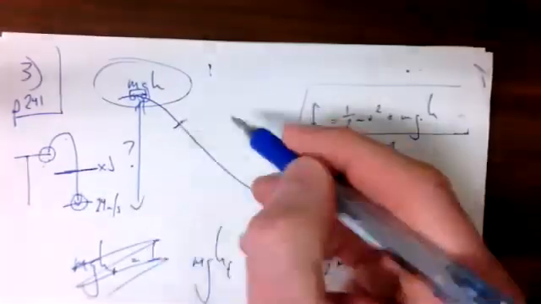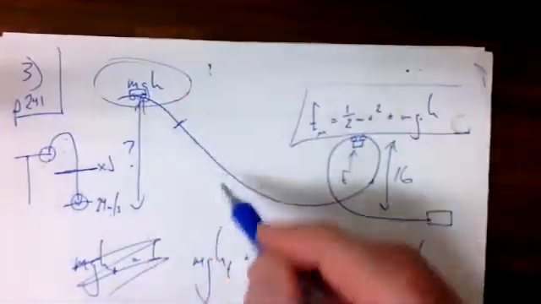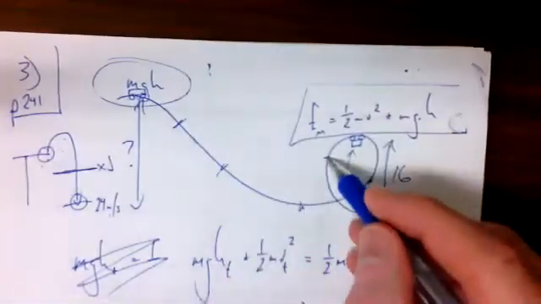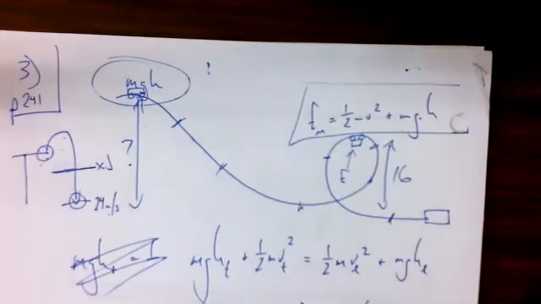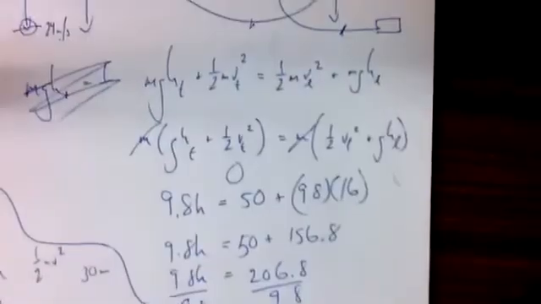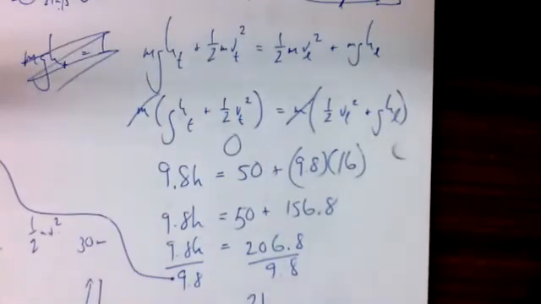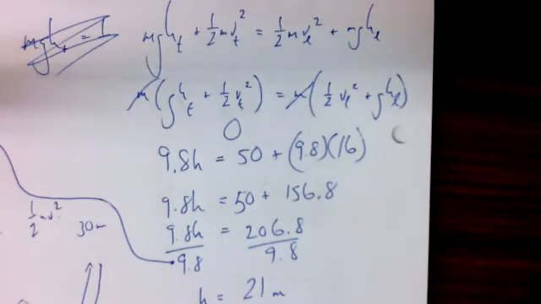The energy here equals the energy here, equals the energy here, here, here. It's the same amount of energy, and it's just the height and the speed that change. So you can use that to cancel and put your values in to find the other one.